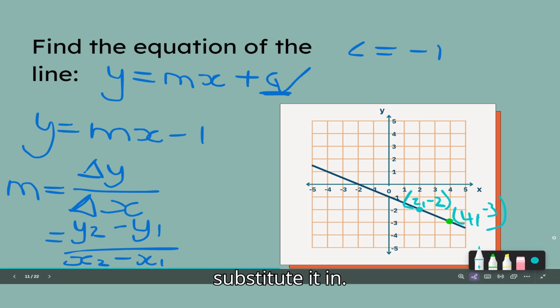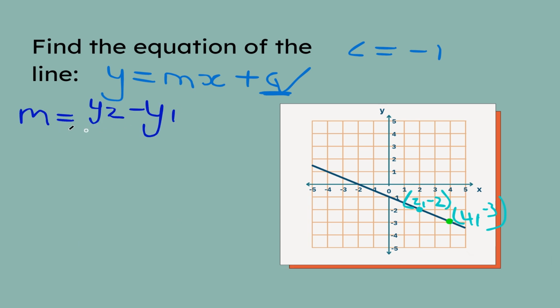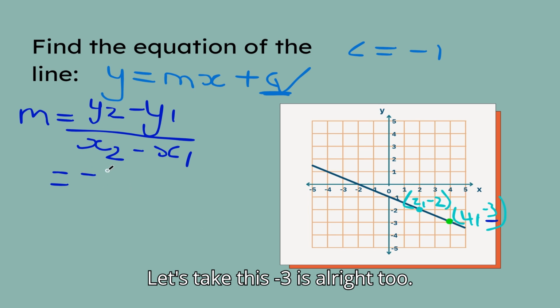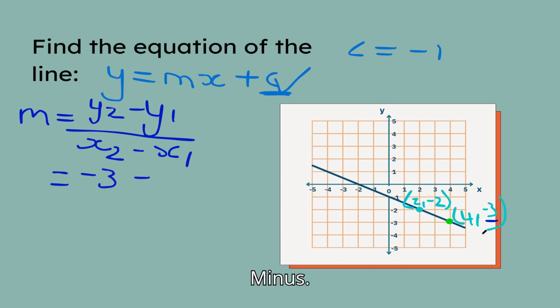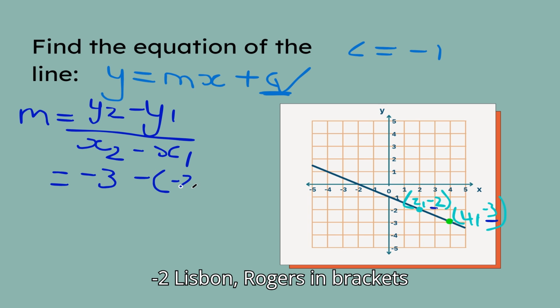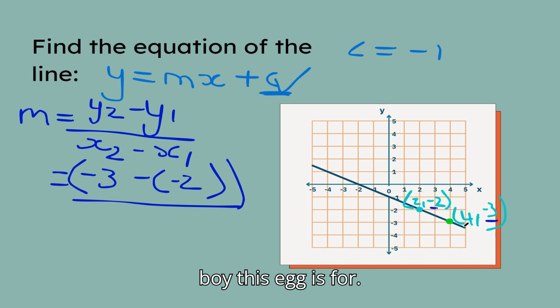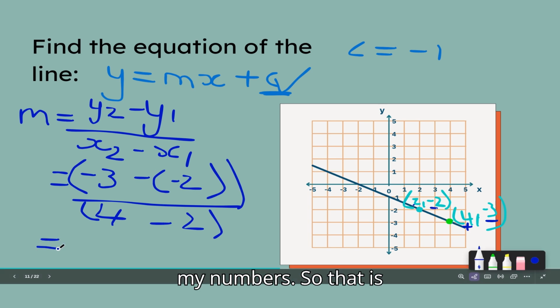So let's substitute in. -3 is our y2, minus our -2, which we write in brackets, divided by this x, which is 4, minus 2. Just making sure that I'm using all of my numbers.